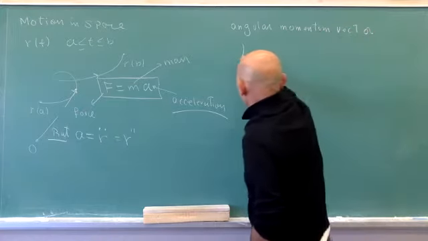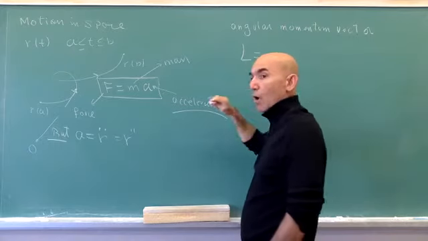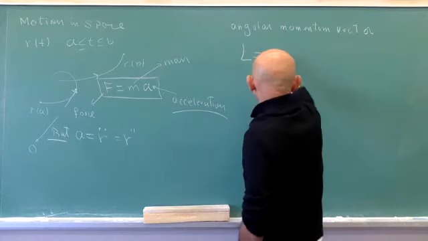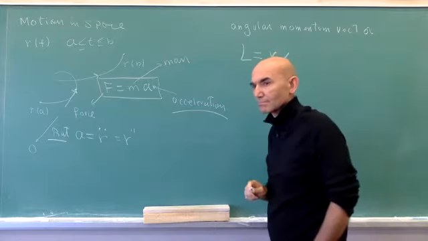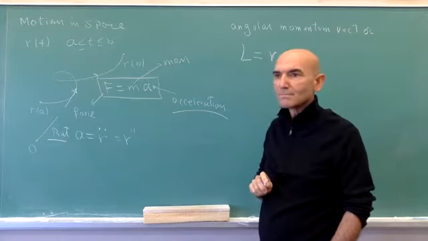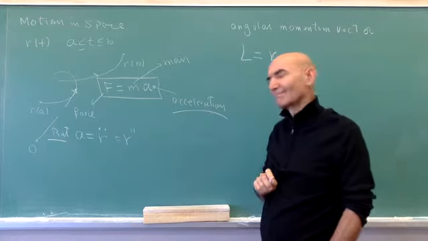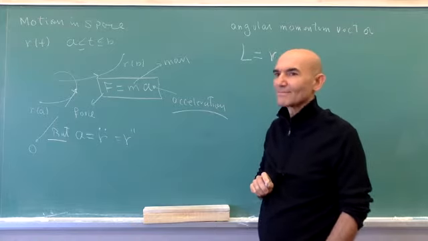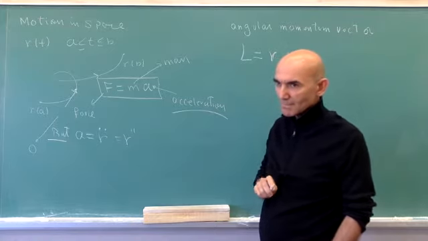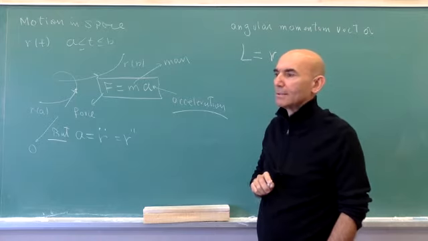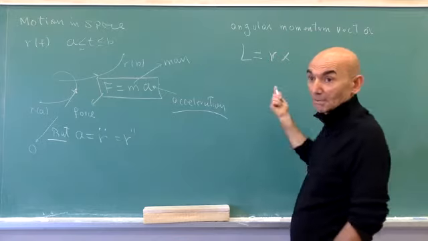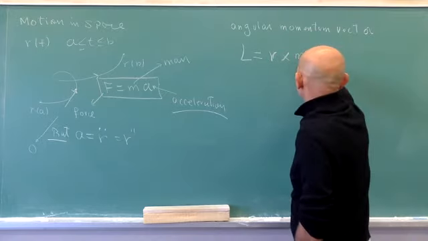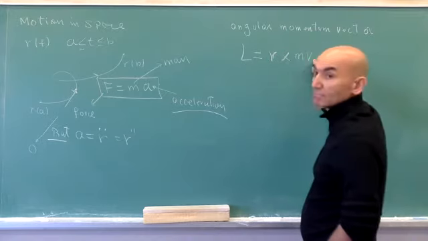Angular momentum vector. Remember, L, indeed, as we said, is equal to r cross linear momentum, which is mv, p, where v is velocity, right?